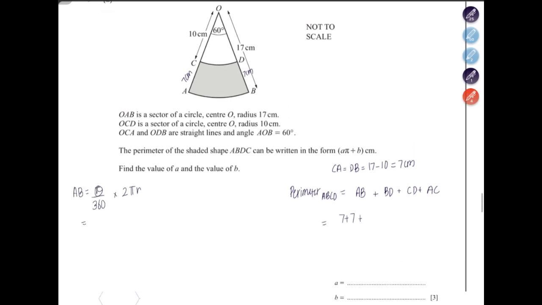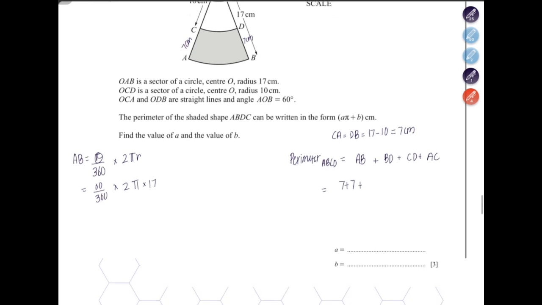Here 60 divided by 360 multiplied by 2 pi, and r is 17. CD is going to be the same as well. We'll just change the value of the radius: times 2 pi times 10.